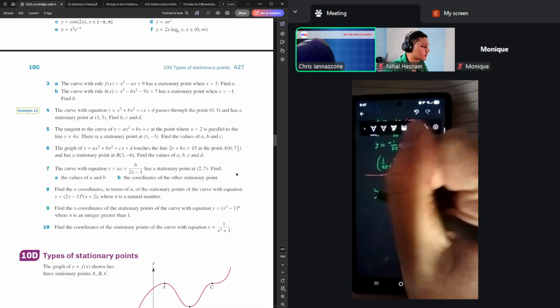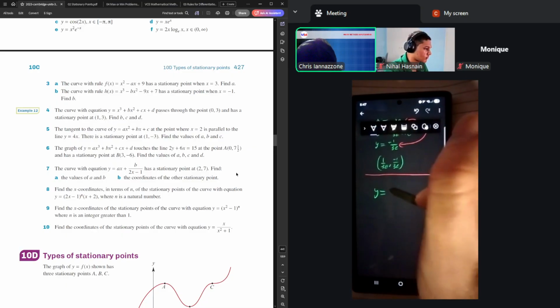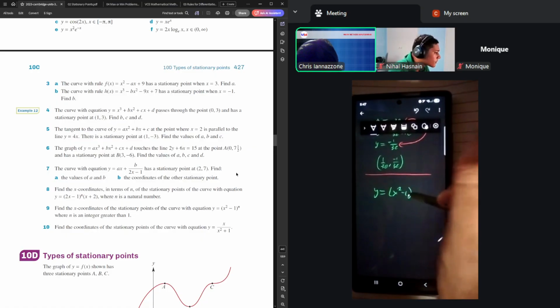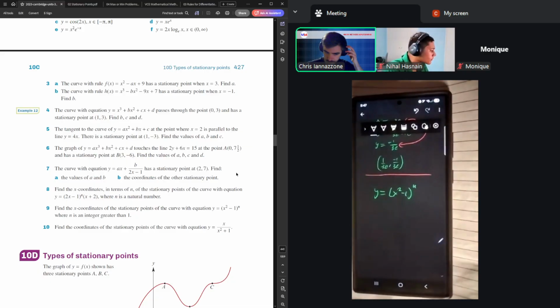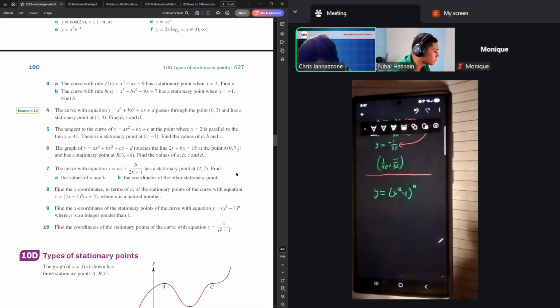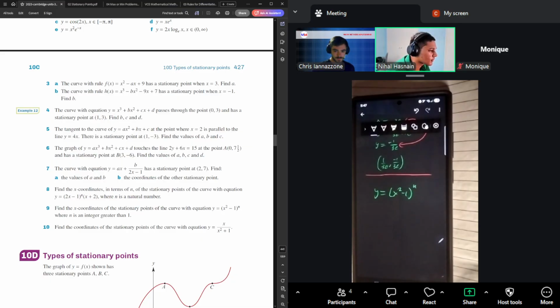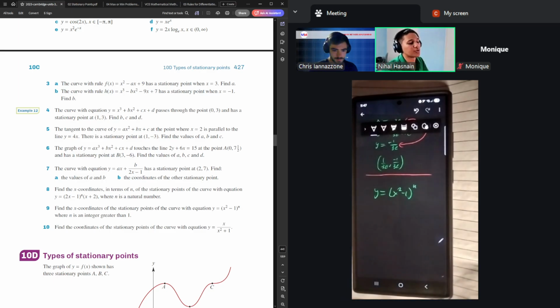The first step will be very, very similar. How do we start these questions off? The derivative. Yep, derivative. So when it comes to finding the derivative of this, what are we going to do? We can separate the equations into two.